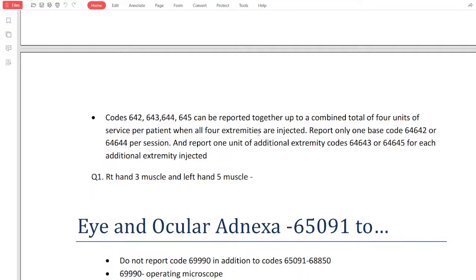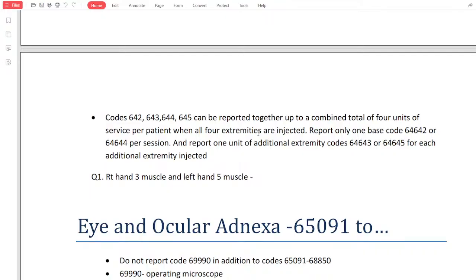If the physician documented that the patient received injections in four extremities, you have to code 642, 643, 644, 645. And in another case, report only one base code, 64642 or 644, per session, and report one unit of the additional extremity code 643 or 645 for each additional extremity injected.